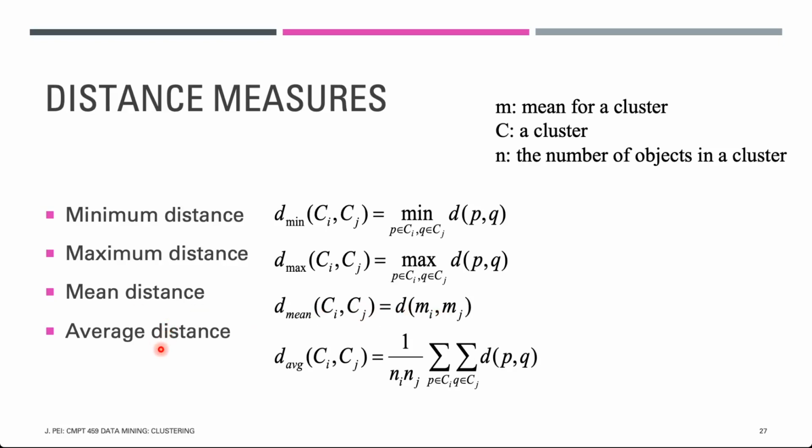Or we can do the average distance, meaning for every pair of objects between Ci and Cj, you pick one object from Ci, one object from Cj, we calculate the distance between these two objects, and then we sum up all the possible pairs and get the average. Please note that mean distance and average distance here are different. They are calculated in completely different ways.